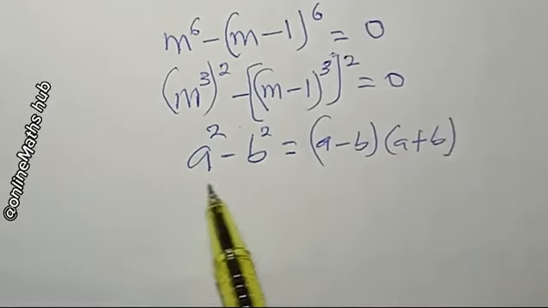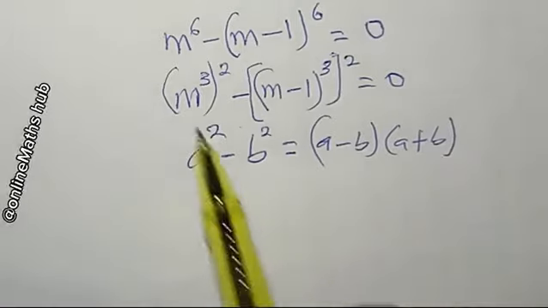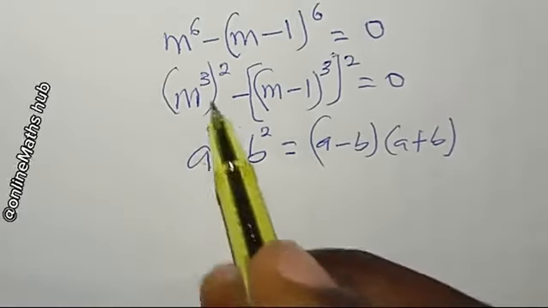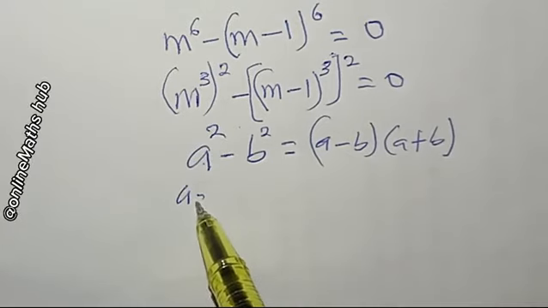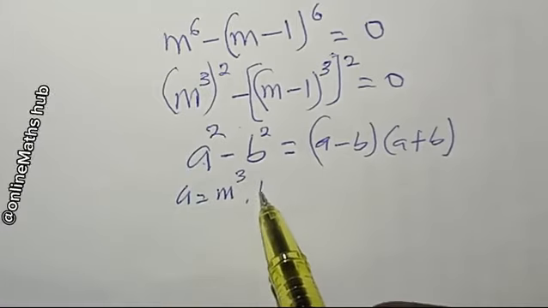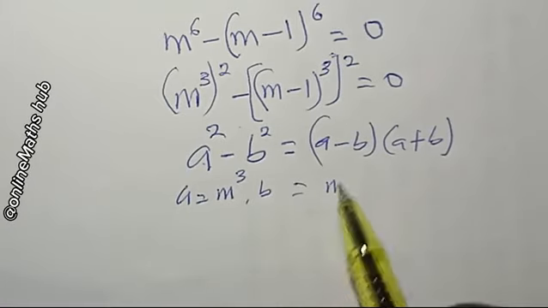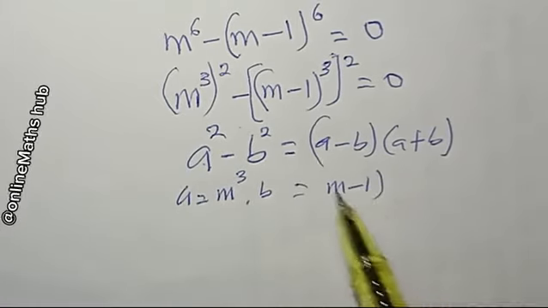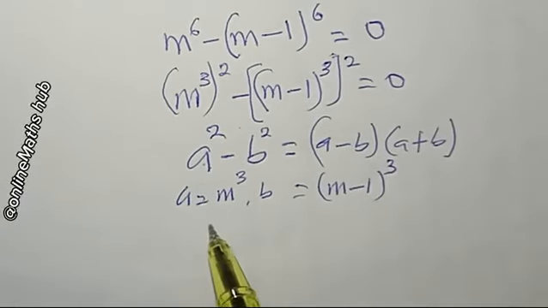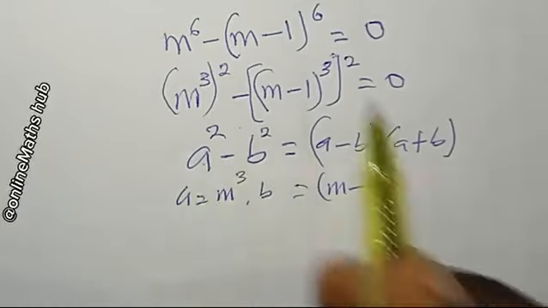I'm going to use this rule to expand this one. In this case our a is m power 3, and our b is (m minus 1) all power 3.